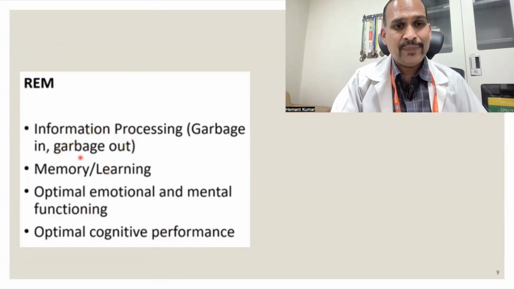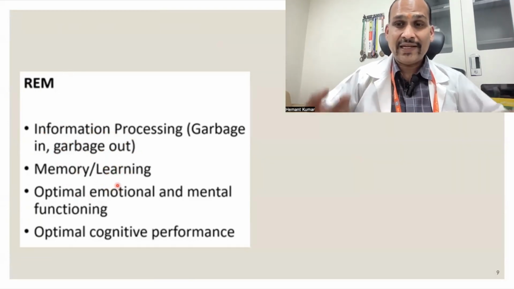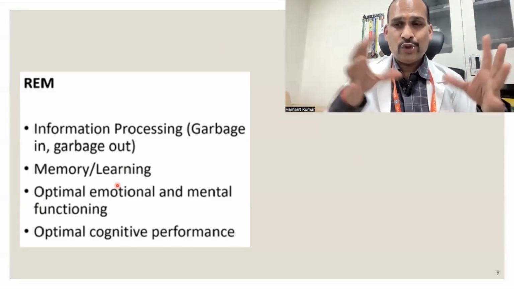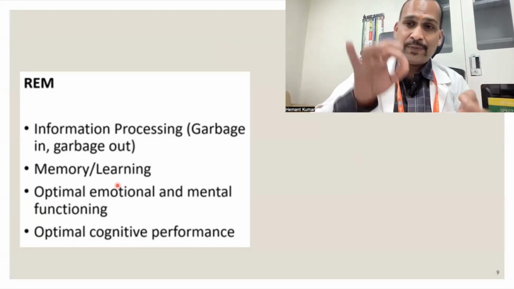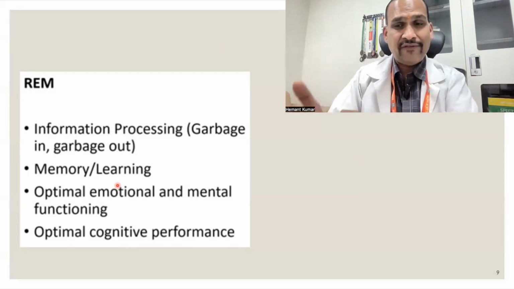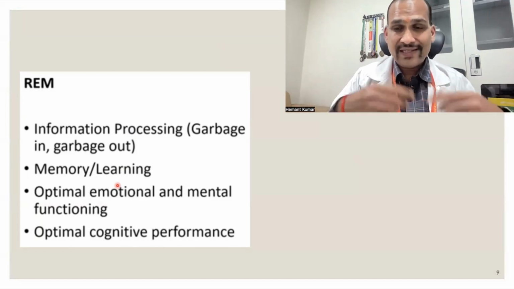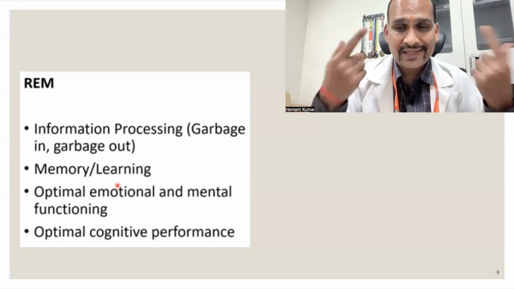REM sleep also helps in memory and learning. Whatever we learn in the daytime is stored in memory at night time. So those children or persons who are not getting enough sleep, especially in the last one third of the cycle where REM sleep is more, their memory is less. They are not able to concentrate. They are not able to memorize things.